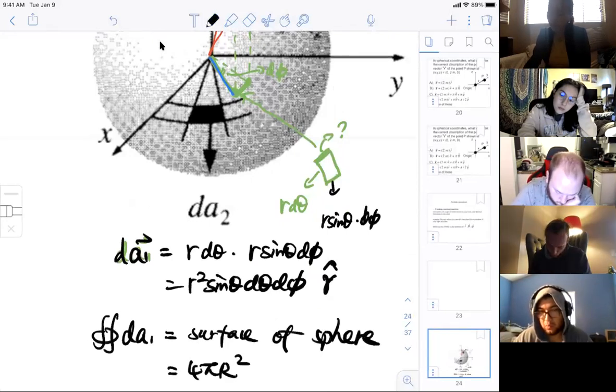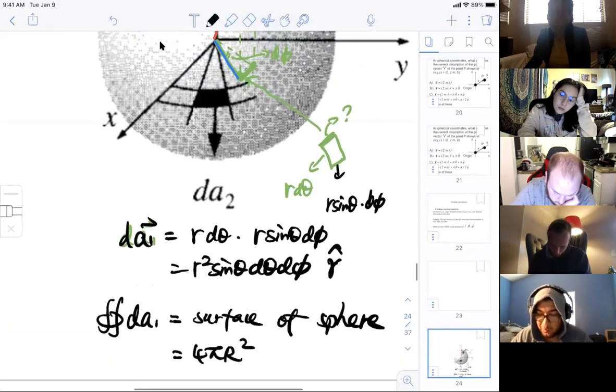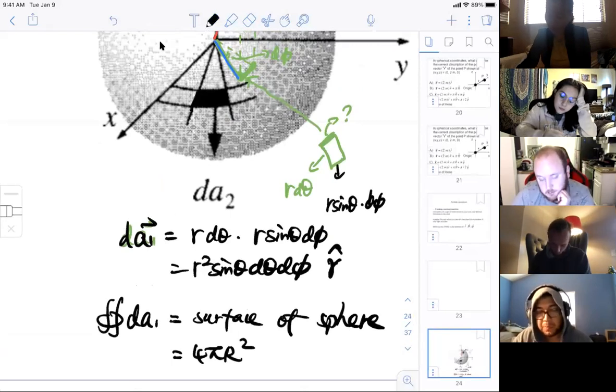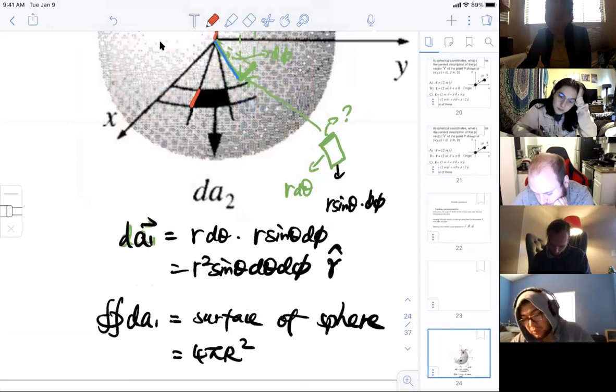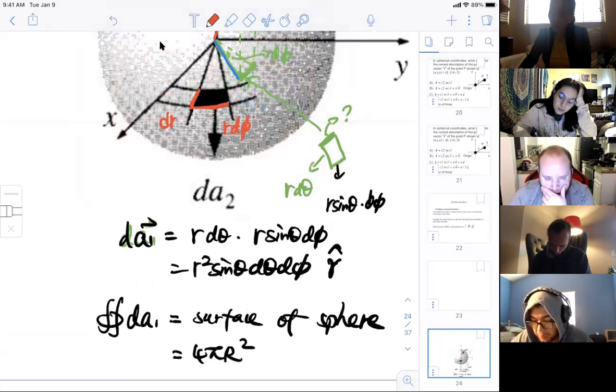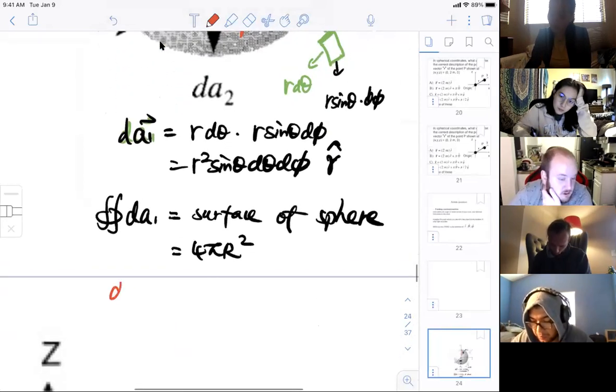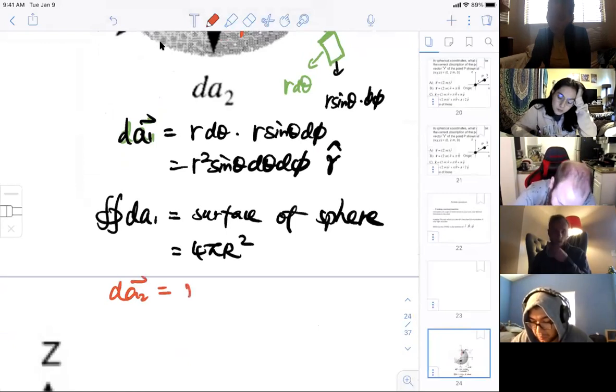The other area is much simpler because this is just a little patch in polar coordinates, and I know you know how to do this. This side is in the radial direction, it's just going to be dr. And this side is an arc, which is r d phi. So my dA2 is r dr d phi.